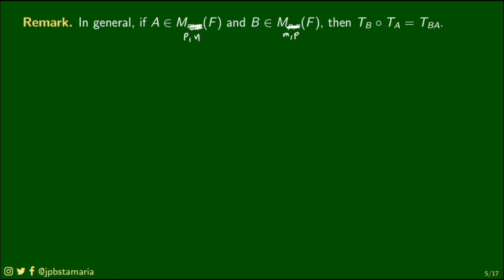Whenever you take the composition of two matrix transformations, the result is another matrix transformation, but this time the matrix is obtained by simply multiplying the old matrices. This can be seen easily by using the definition. So if you have a vector x, by definition this is TB of TA of x.